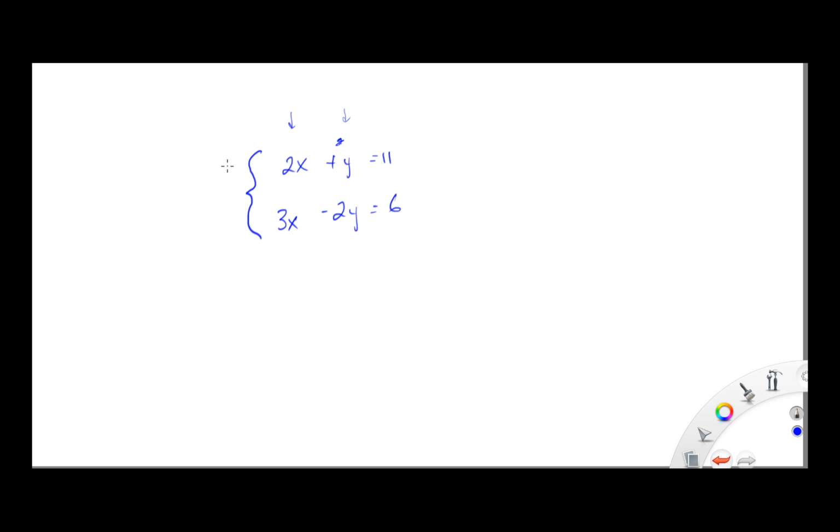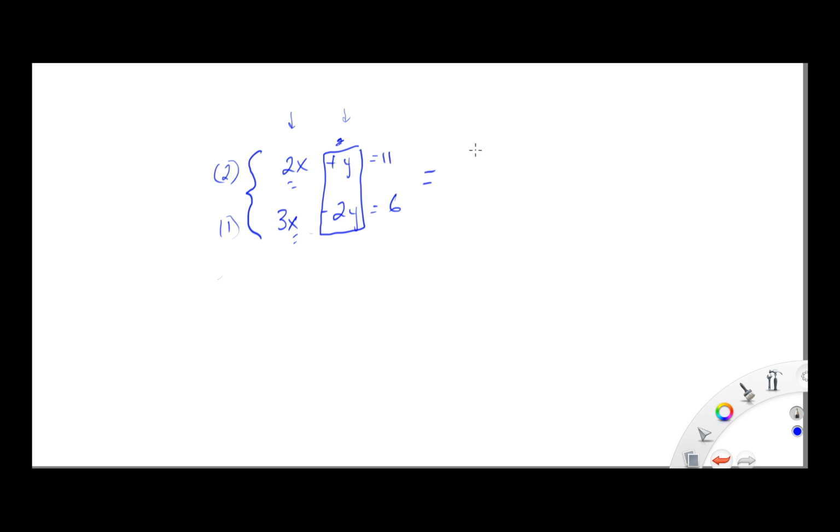Well, let's do this. Let's multiply the top equation by a positive 2 and multiply the bottom equation by a positive 1. And the reason is because I want to try to eliminate the y's so that I can solve for x. I can't solve for an equation that has two unknowns. I have to solve for one. So let's rewrite the equation.